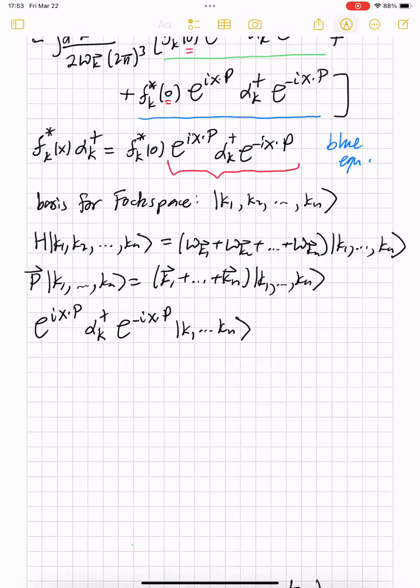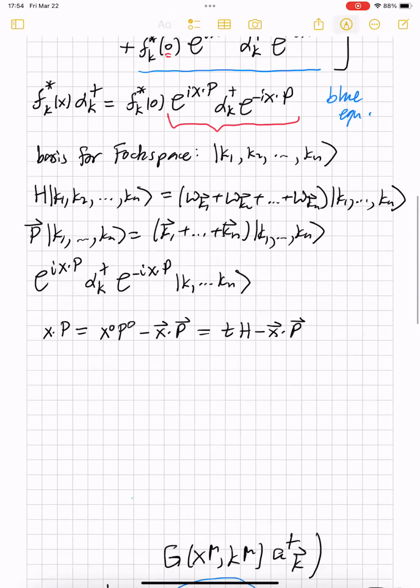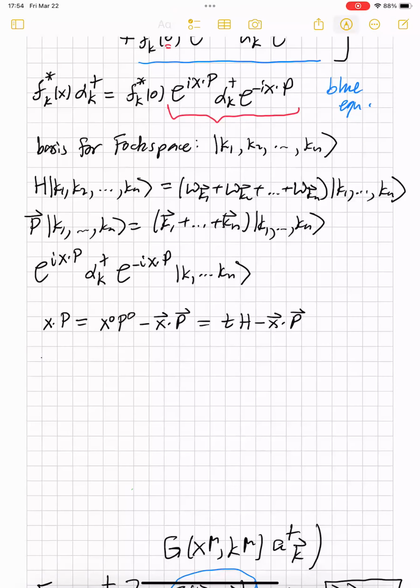Okay, so to evaluate that first exponential sitting on the state, remember that x dot p, what will this be? Well, this will be x naught p naught minus x dot p, and this is t times the Hamiltonian minus x dot p. This state is an eigenstate of the Hamiltonian and the momentum. So all that happens is we get the eigenvalues plugged into the state.